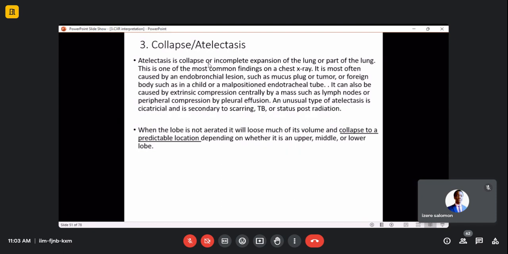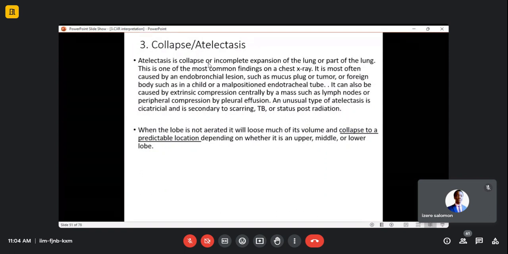Atelectasis is a collapse or incomplete expansion of the lung or part of the lung. This is one of the most common findings on chest radiograph. It is most often caused by an endobronchial lesion, such as a mucus plug or tumor compressing the bronchi, or a foreign body, such as in a child, or a malpositioned endotracheal tube.